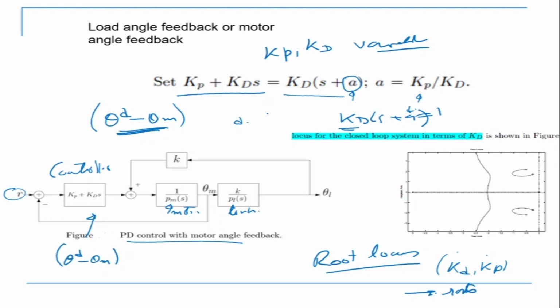And how do we do that? One way is that for different values of KP, I can vary this KD, and I can see where the roots are going. And if you do that, the locus of that is basically called the root locus. That means for all values of KP and KD, all the possible places of the roots of the system will give you the root locus.